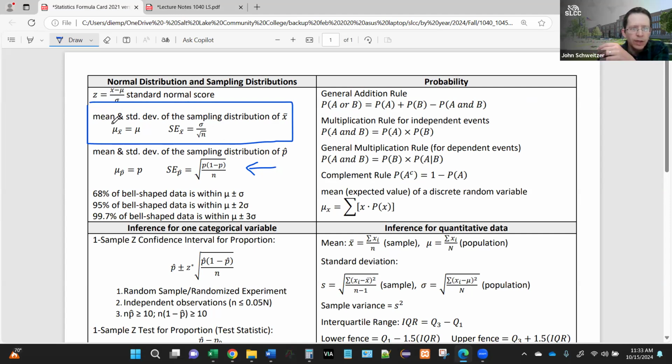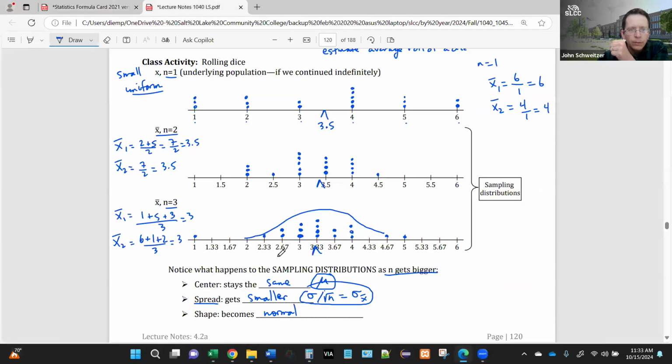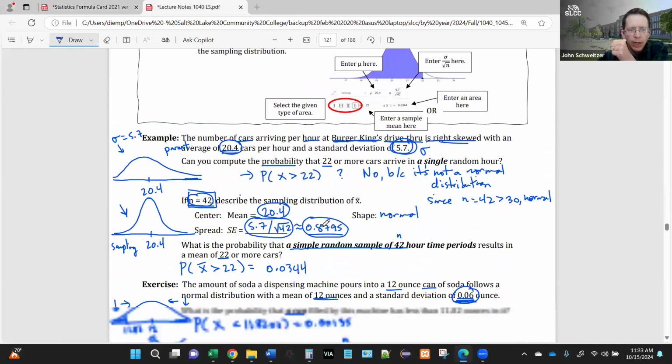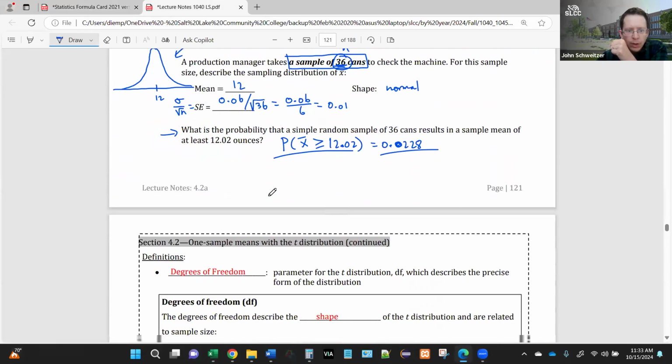This forms the foundation for using the normal distribution for making confidence intervals and doing hypothesis tests for quantitative data. So super important idea here. So we did a couple of applied problems here where we're using the normal distribution.